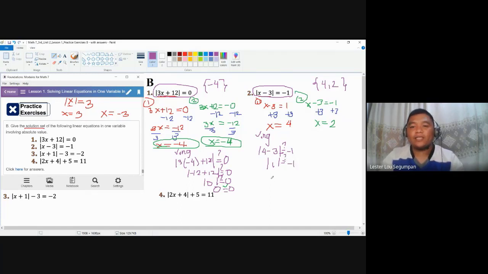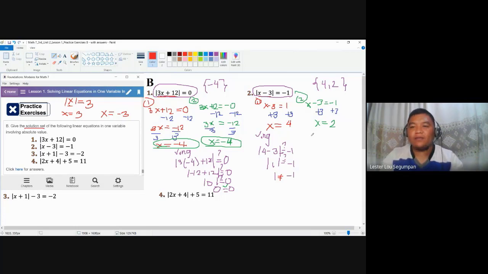The absolute value of 1 is positive 1. This side is negative 1 based on the given. As you can see, they are not equal. This would mean 4 is not a solution. Writing it in a solution set will invalidate it, and that's a very big mistake. This is why checking is very important.